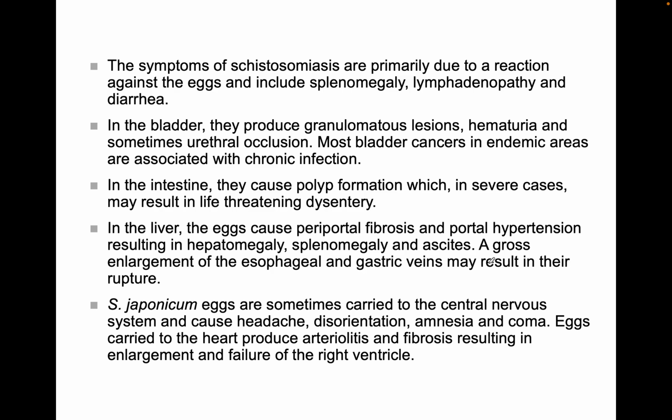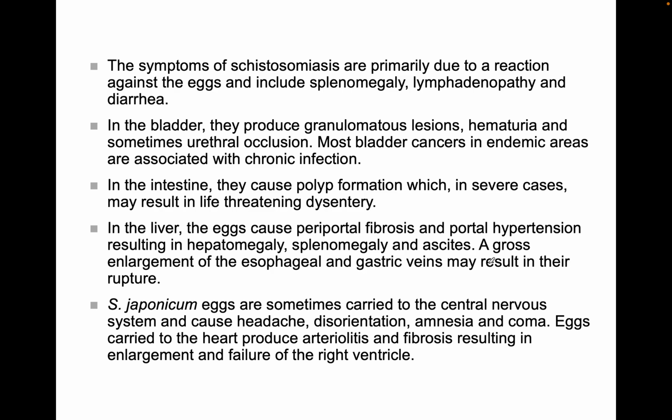And in the liver, the eggs cause periportal fibrosis and portal hypertension, resulting in hepatomegaly, splenomegaly, and ascites. Gross enlargement of the esophageal and gastric veins may result in their rupture. Japonicum eggs are sometimes carried to the central nervous system and cause headaches, disorientation, anemia, and coma.